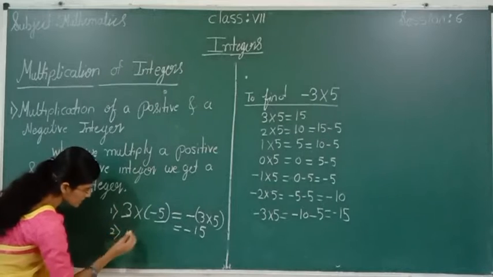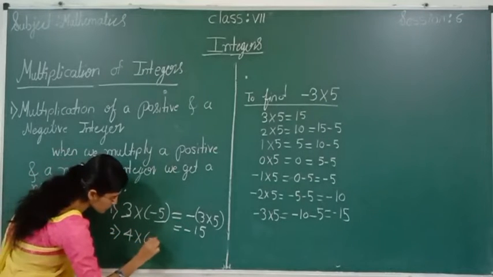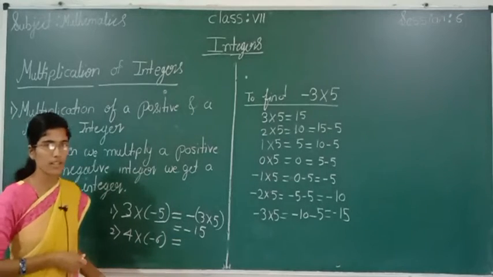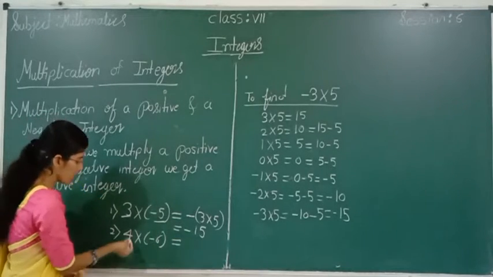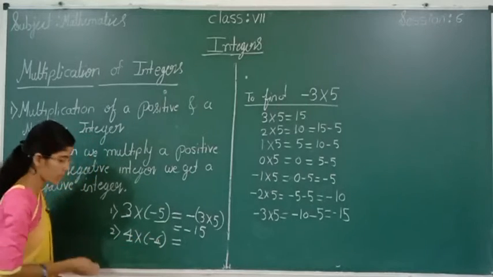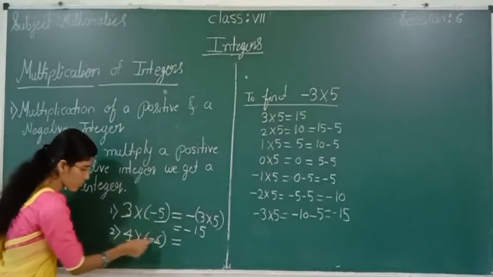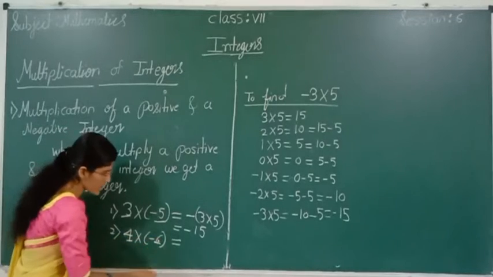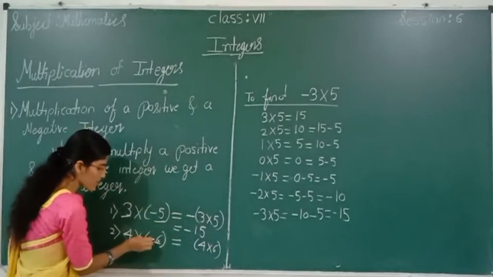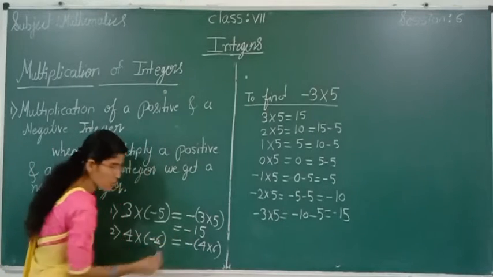You can take other examples also. 4 into minus 6. I told you a new way, right? How to multiply? Multiply the whole numbers, 4 into 6, and you have to keep the minus sign before the product.